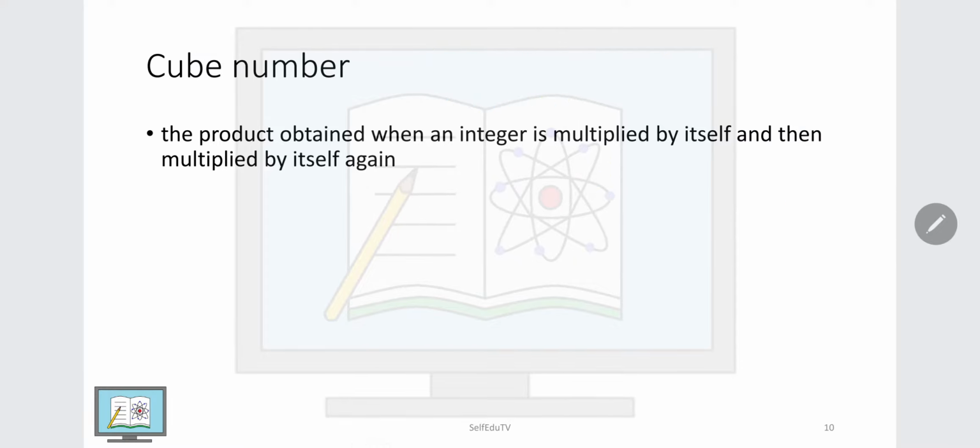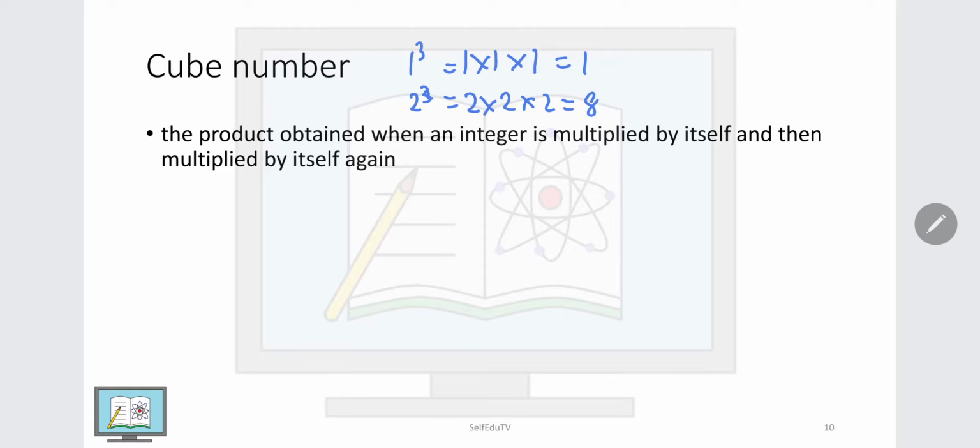A cube number is the product obtained when an integer is multiplied by itself and then multiplied by itself again. So 1 multiplied by 1 multiplied by 1, or 1 cubed, equals 1. 2 cubed, 2 multiplied by 2 multiplied by 2, is 8. So 1 and 8 are cube numbers.